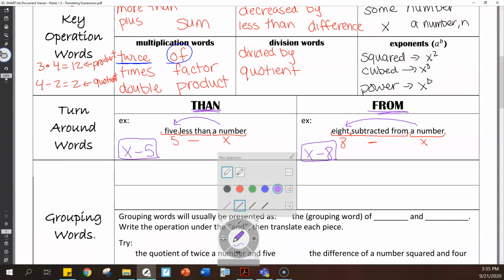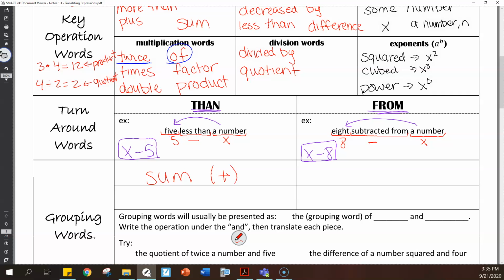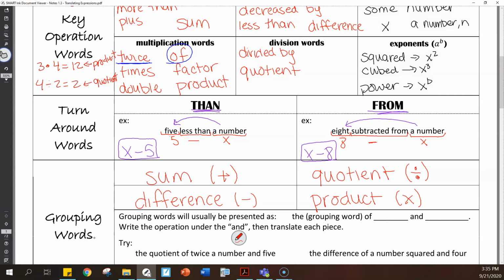So we already talked about what the grouping words are, which are sum, which tells me I'm adding, difference, which tells me to subtract, quotient, which tells me to divide, and product, which tells me I'm going to multiply. Okay. Use the dot there.